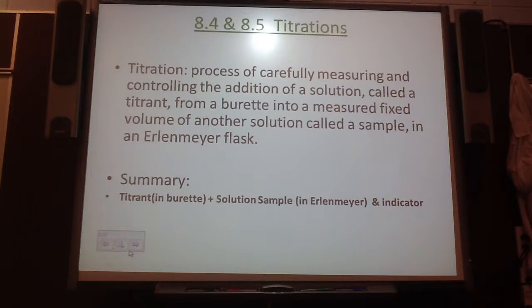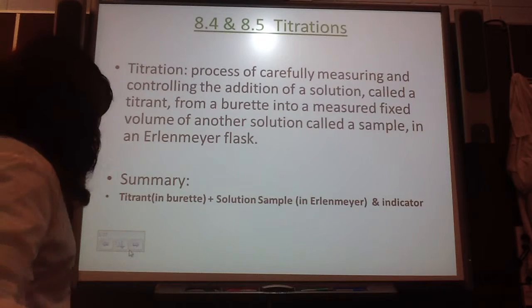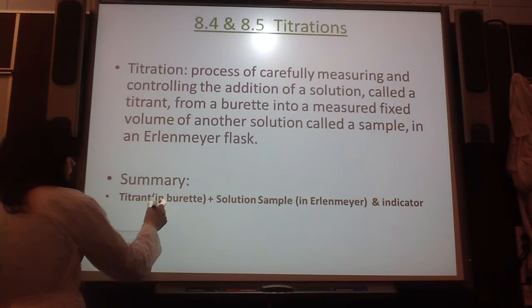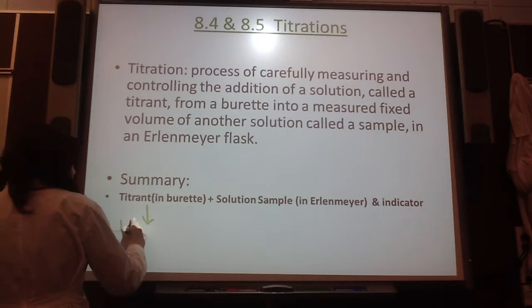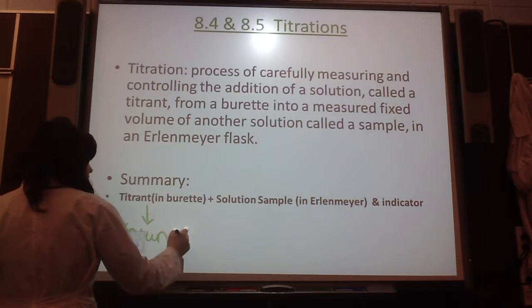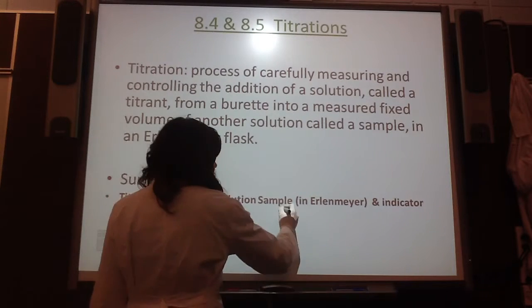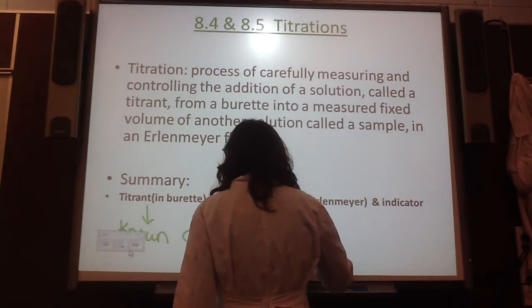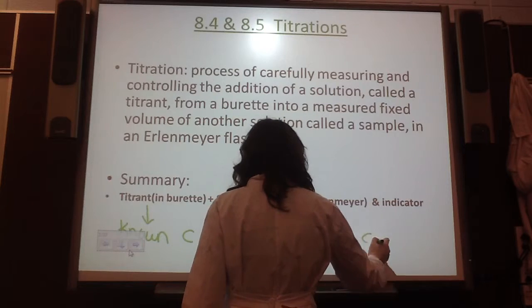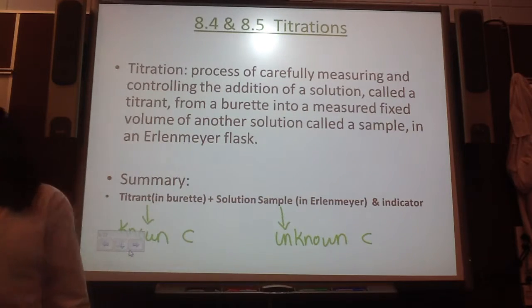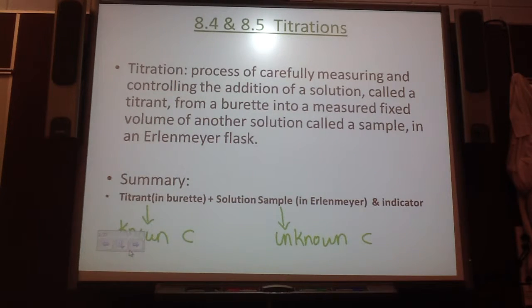And in the sample solution, you have the indicator, the pH indicator. So I'm going to add a little note to this. So the titrant in the burette, this is the known concentration, and the sample solution is the unknown. Okay, so when you think sample, think that's what you're trying to figure out. Okay, so sample is the unknown.